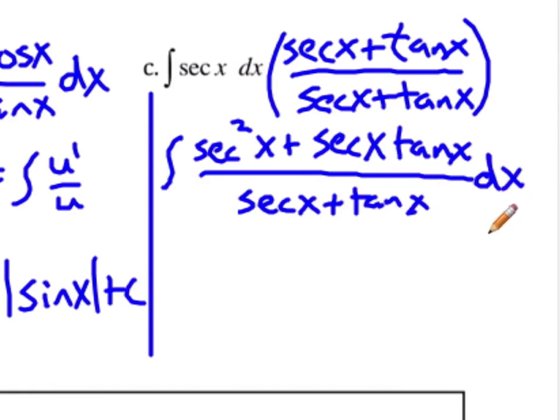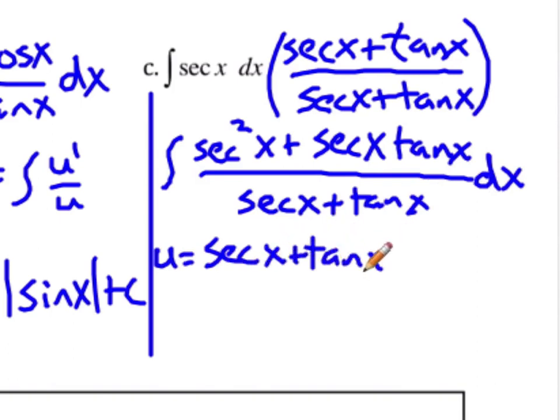And this is dx. So here, we're going to let u equal secant x plus tan x. And then u prime is going to be, well, the derivative of secant is secant tan, so that's secant x tan x.